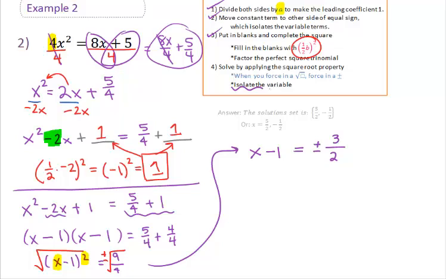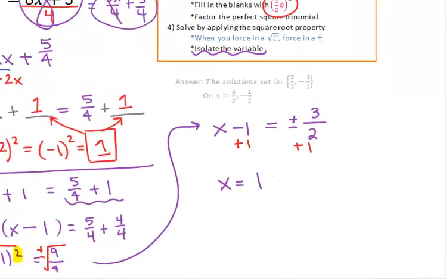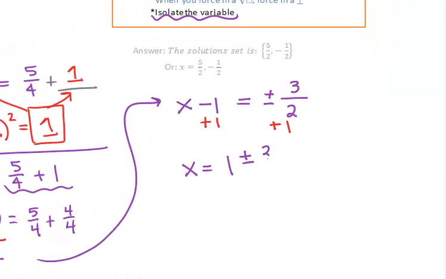Now I can isolate my variable, and I do that by opposite operations. I need to add 1 to both sides of this equation. And that leaves me with x is equal to positive 1 plus or minus 3/2. Now, since this is all pretty nice numbers, as I like to explain it, I can actually simplify this farther.